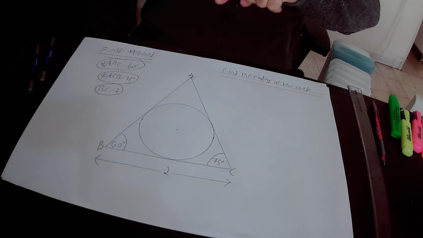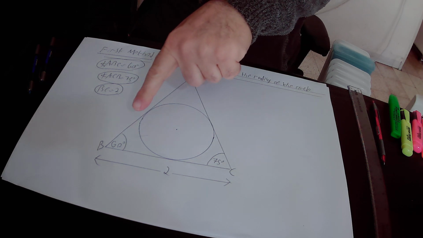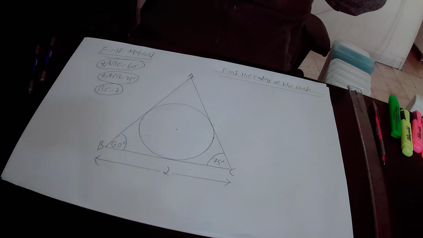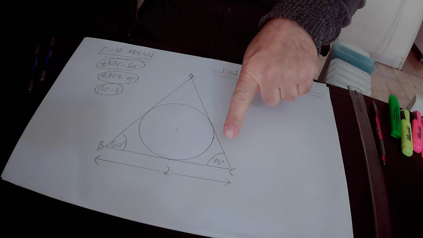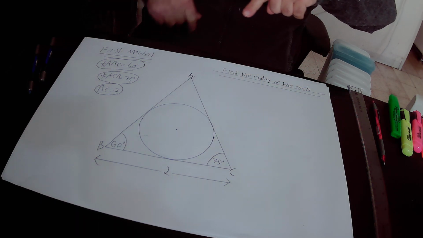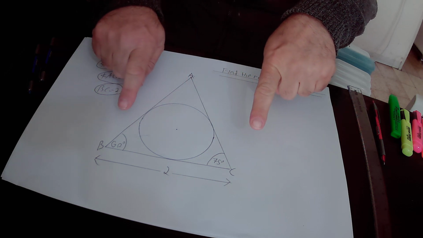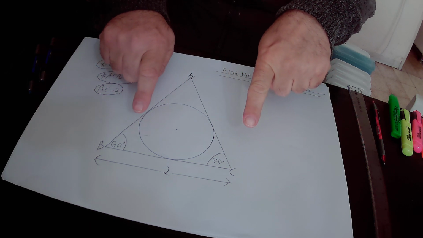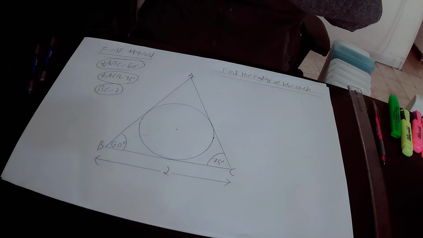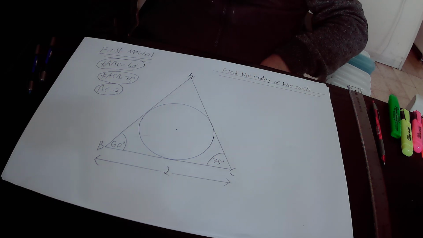In addition, we know that this angle ABC equals 60 degrees in its size, and this angle ACB equals 75 degrees, and side BC of this triangle ABC equals 2 units in its length. Again, our mission is to find out the radius of this circle.